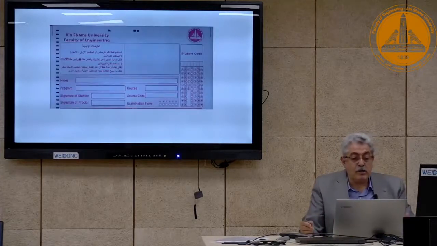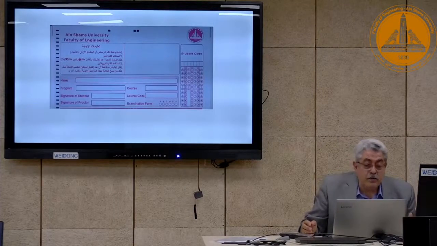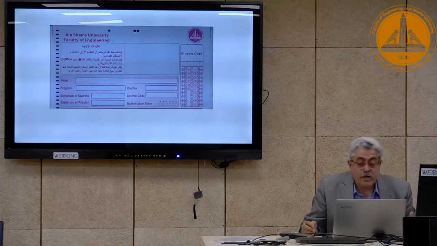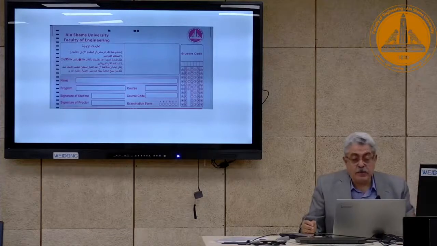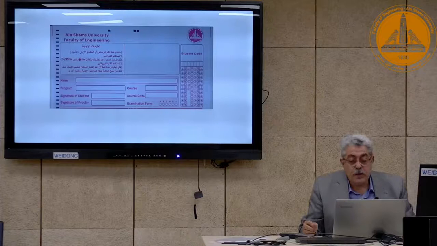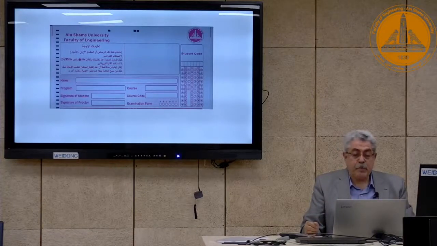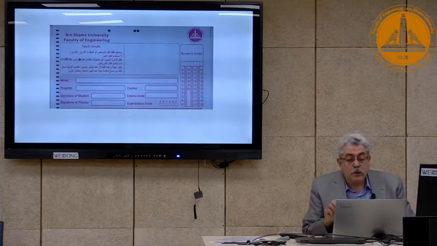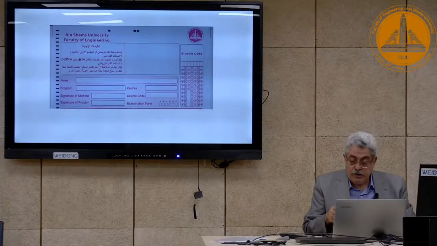The first part contains some instructions in Arabic, and the student has to write his name, his program, his signature, the course code, and examination form type. We have here 6 possible types, and the student code also has to be made with pencil, so that the machine that reads the bubble sheet can understand the code.